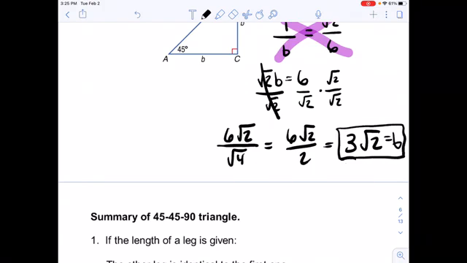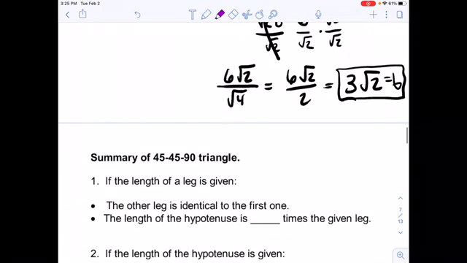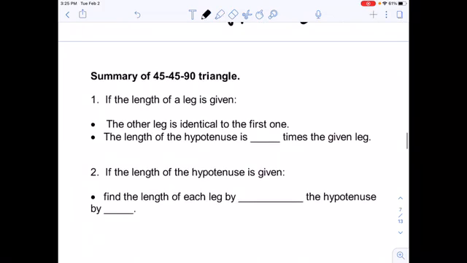So like I said, the easiest way, the most simple way, is probably just memorizing this special right triangle and solving using proportions, because we've done that a lot. If you prefer, there are equations like we had up with the theorem, or you can think of it this way. If the length of the leg is given, the other leg is identical to the first one, that's pretty simple. It's an isosceles triangle.